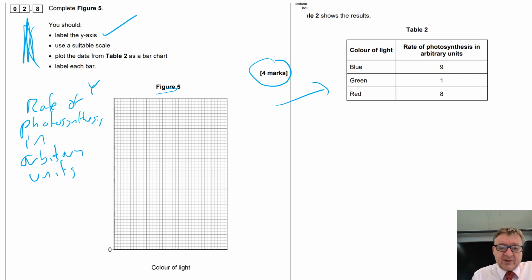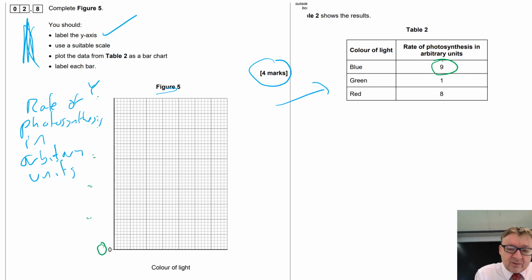Use a suitable scale. All right, so I'm going to start at 0, and then I'm going to go up to 9 as my maximum. So let's think about it. I could go 1, 2, 3, 4, 5. Well, that's obviously stupid. I could go 2, 4, 6, 8, 10. That fits.